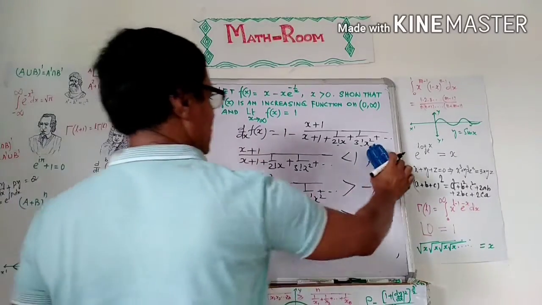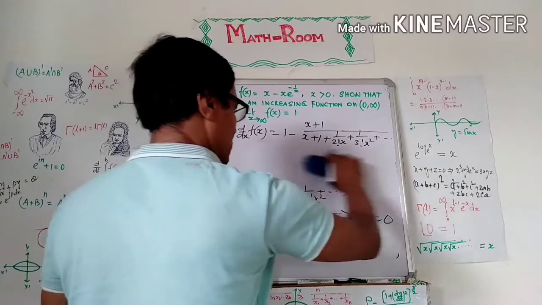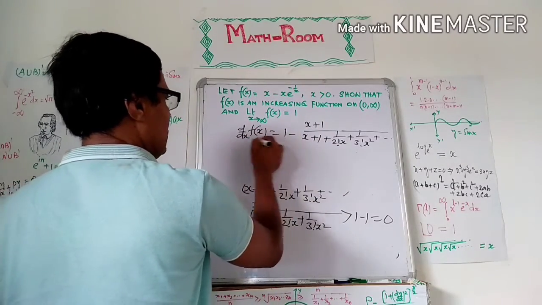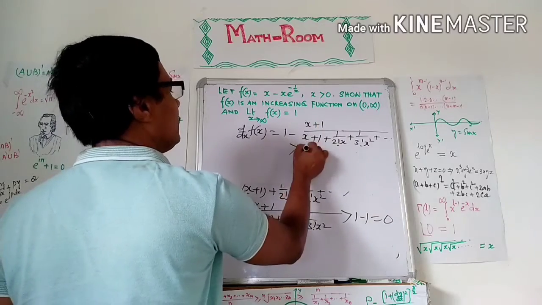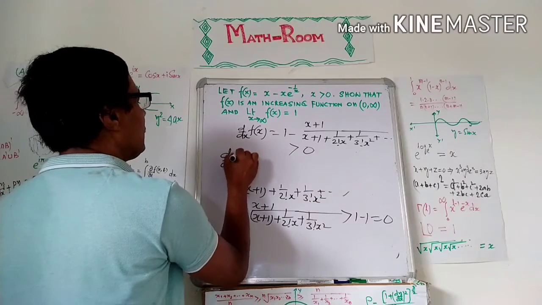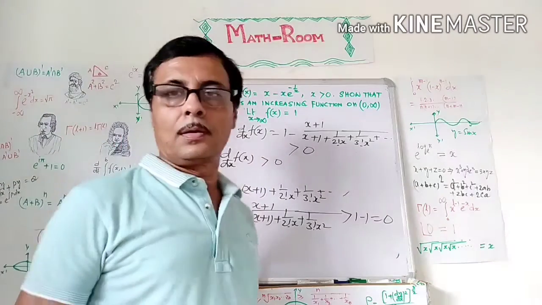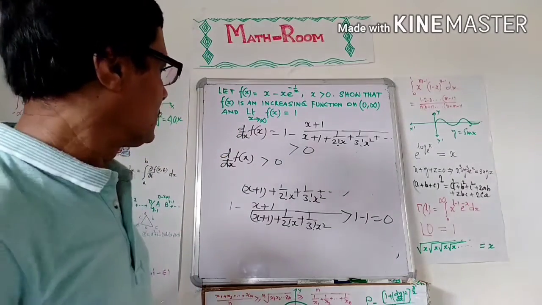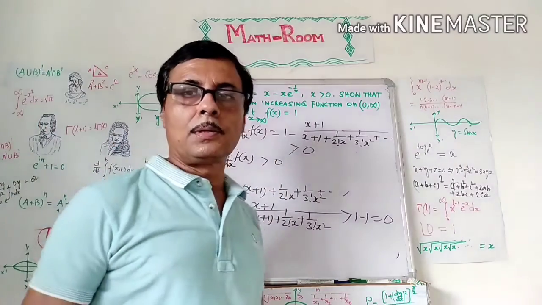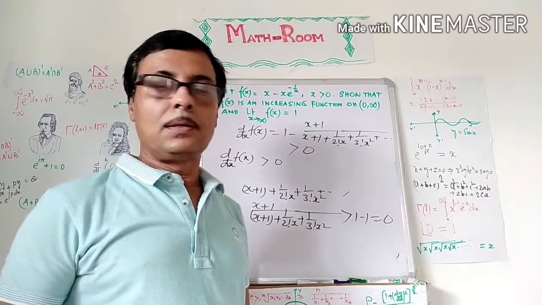So, from this inequality, we can write d/dx of f(x) is also greater than 0. This is the condition of an increasing function. If the function's derivative with respect to the independent variable is greater than 0, then this function is an increasing function.